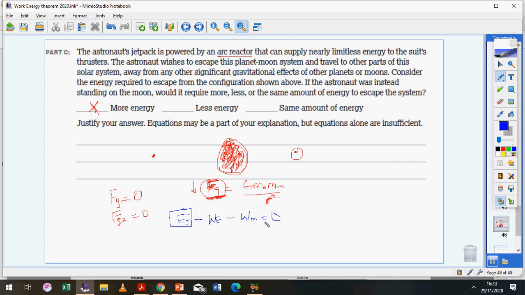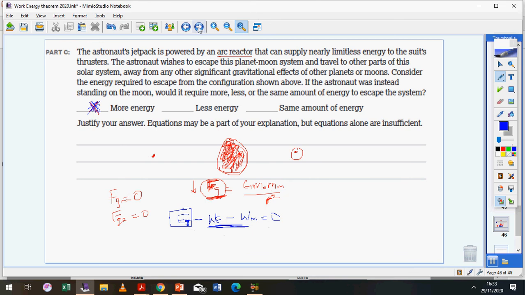So in order to get to a position where the work done by his jetpack is greater than or at least equal to the sum of these two, he has to exert more energy. I hope that explanation makes sense. If it doesn't, let me know.